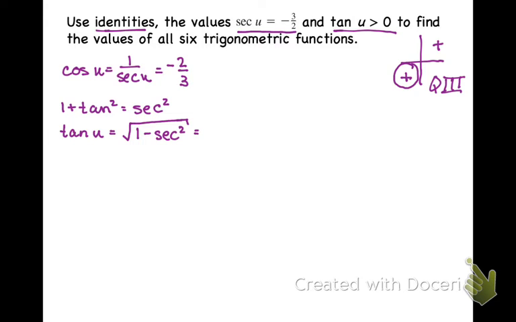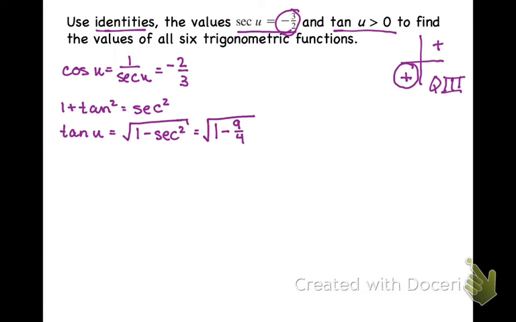So I have the square root of 1 minus, we'll square your secant right there. So what's negative 3 halves squared? What's 3 squared? 9. It'd be 9/4. And 2 negatives make a positive, but it's still going to be minus because the problem's minus, right?